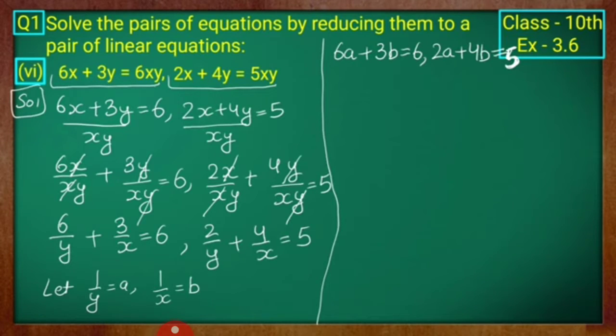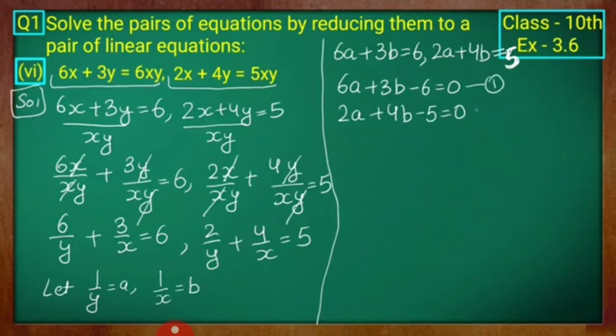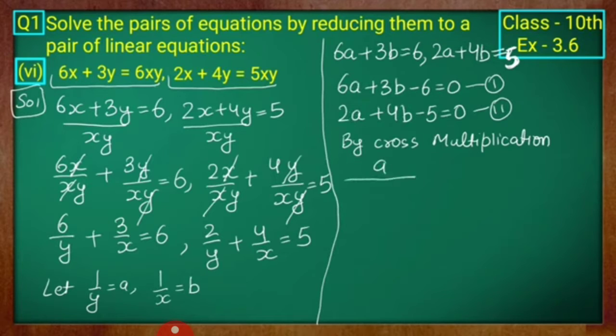Now again by the cross multiplication method we are going to solve this pair of linear equations, and you can apply any convenient method to find the value of x and y. So I expressed this pair of linear equations in this way: a plus b plus c is equal to 0.